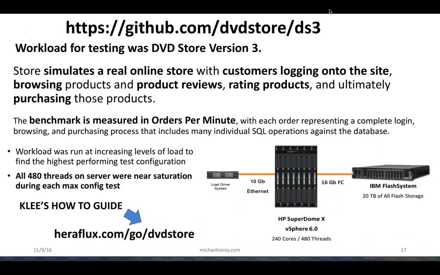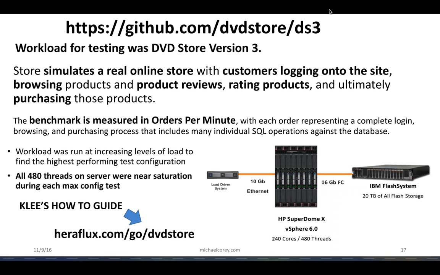You can go out to GitHub, they have the DVD Store, which is available to anyone, which basically simulates online ordering of DVDs. And they basically crunched it through this box and saw what happened.